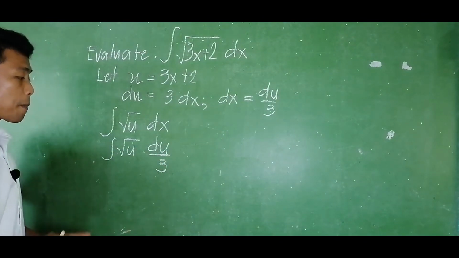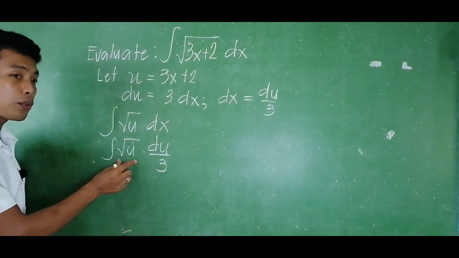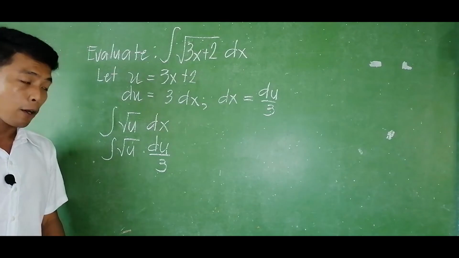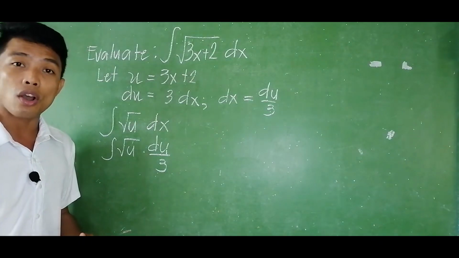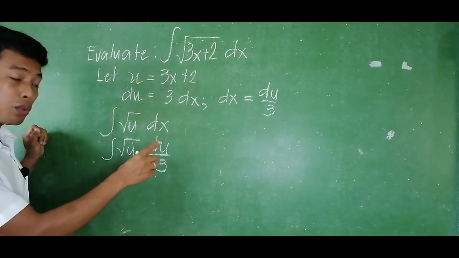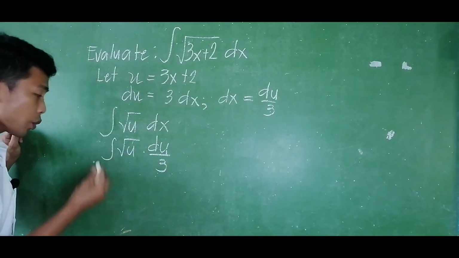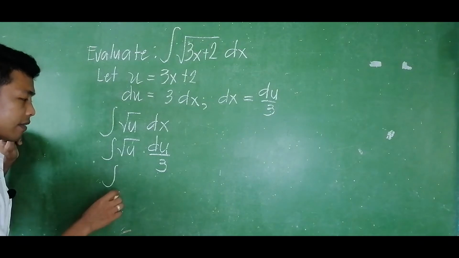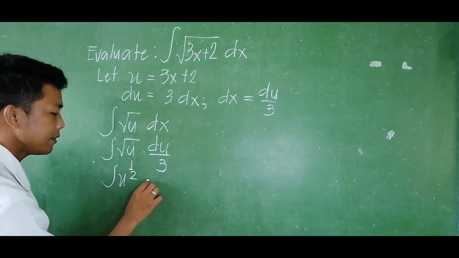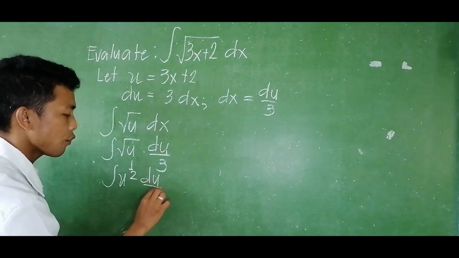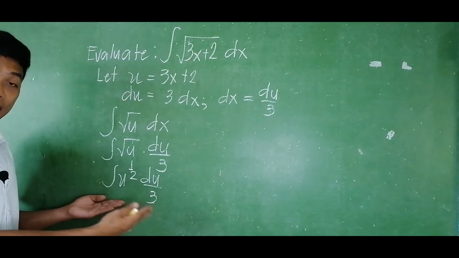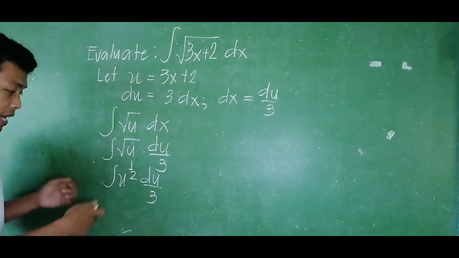Now, we can rewrite the square root of u into an exponential expression so that we can apply the power rule of antiderivative. Writing the square root of u in its exponential form will give us the integral of u raised to 1/2 and then du over 3. Now, we can already get its antiderivative.